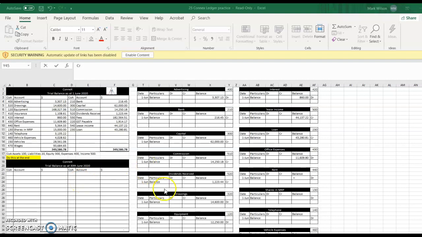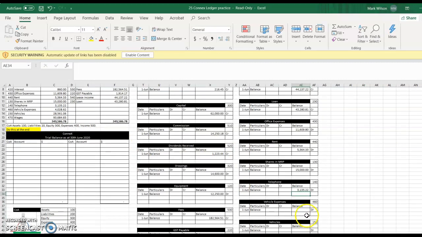I noticed going through that you didn't put all the figures in, so you got down to the rent one. So just continue and put all these in as well. Rent, you haven't got shares and MRP, telephone. So these are debit balances because they're expenses.